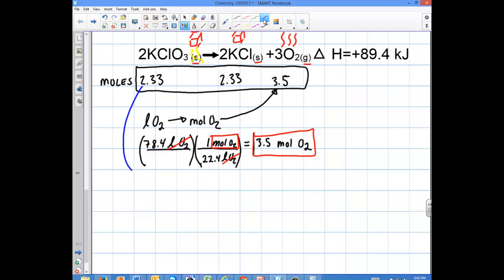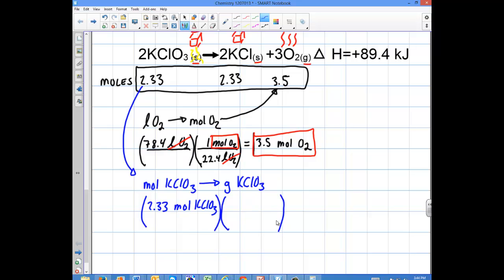So let's just draw an arrow here. So now I want to go from moles of KClO3, and now I want to go into grams of KClO3. Okay, I'm just writing out the units here so you can see it. And that's the whole point of this. So now that I know I have 2.33 moles of KClO3, and I want to go into grams.